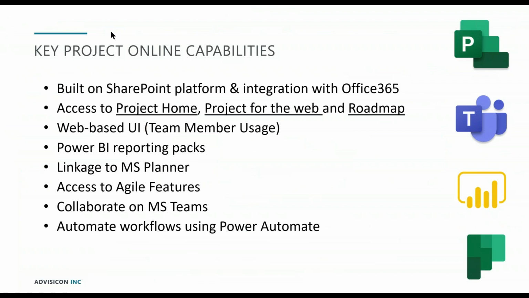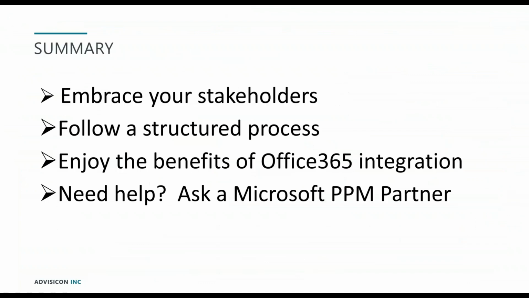So to finish up, from a summary perspective, you're going to make that move from server to online. Make sure you embrace your stakeholders. So go back to the questions we talked about asking them, understanding what's in it for them, making sure there's clear engagement from them of why you're making the move. Follow a structured process, where you understand all the phases and the stakeholders who are required for each of those phases.